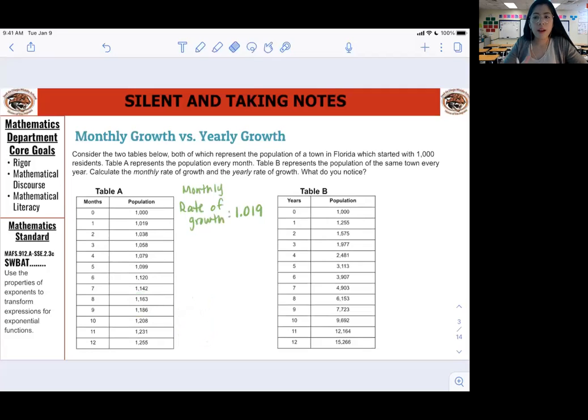Okay, now, if that's my rate of growth, what is my percent of growth? Do we have to subtract? Think about how we do this if I were to write a function, how would I figure out the percentage?